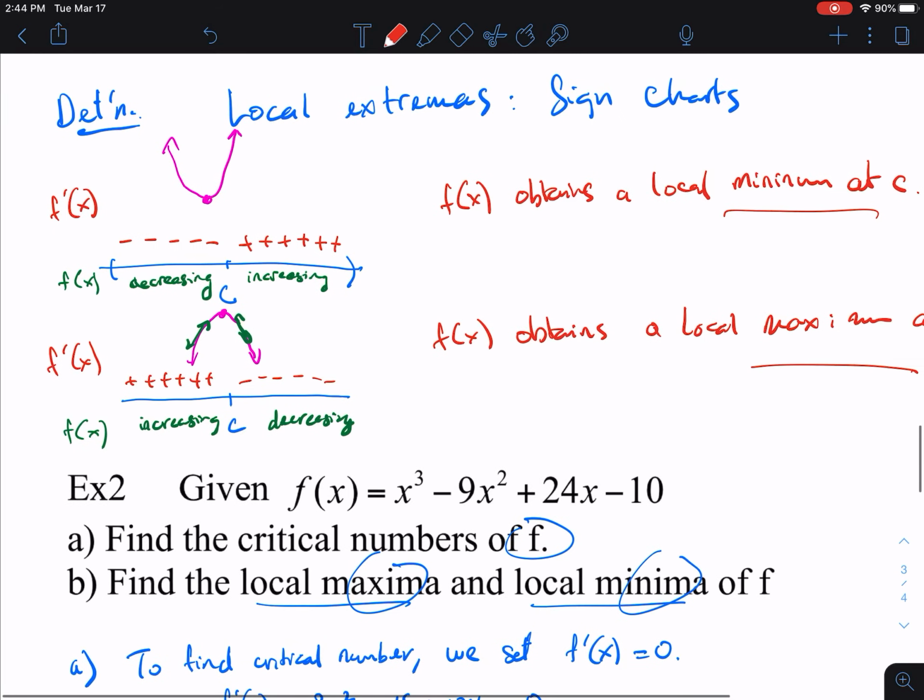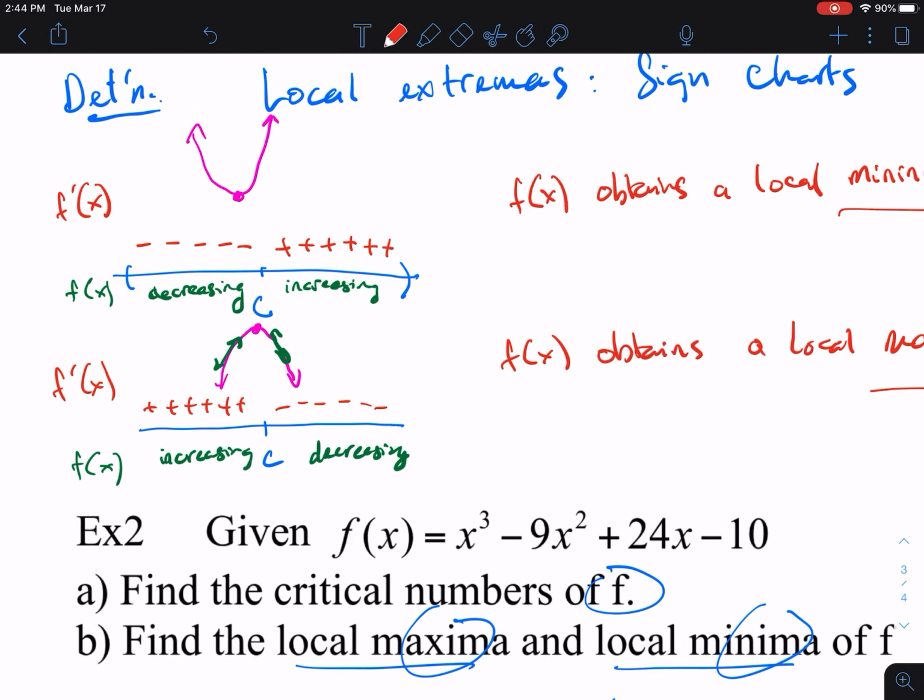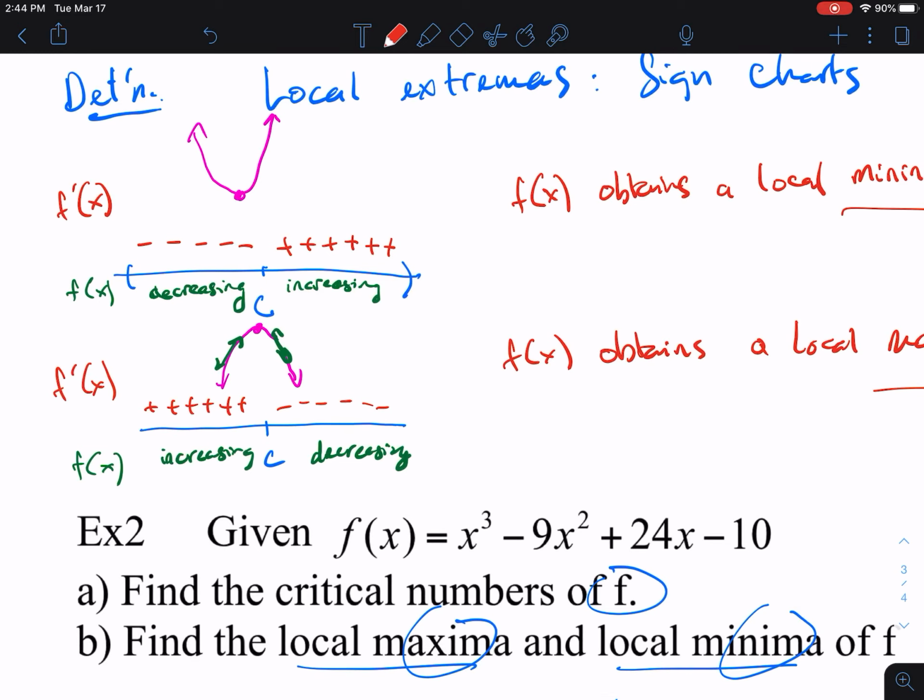What does that mean? It means we can look at the change in the tangent slope sign, going from negative to positive or positive to negative, or where the function is increasing or decreasing. There are multiple ways of doing it.